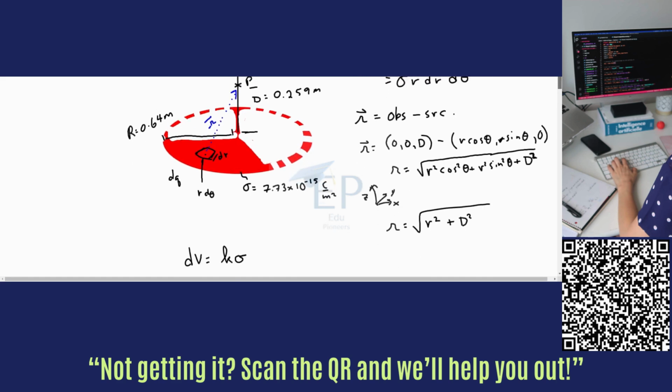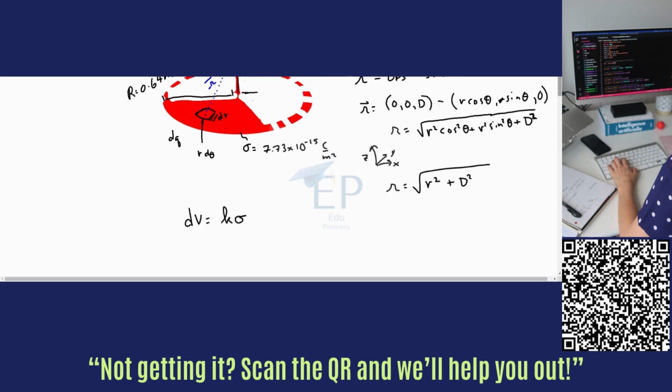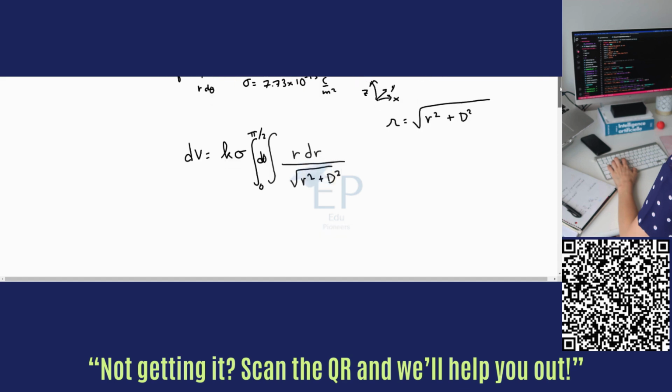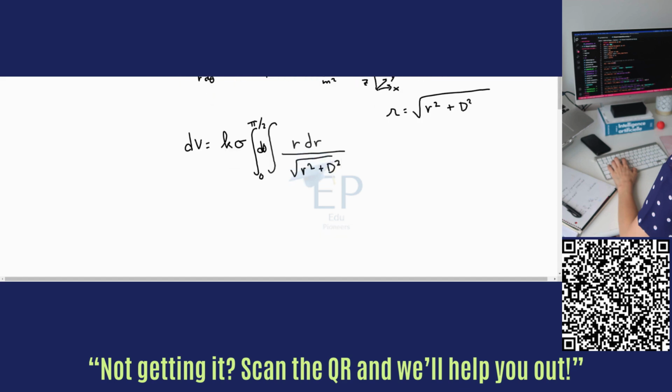And then we have the integral of r dr. I'll put d theta separate, going from 0 to pi over 2. And then we have curly r down in the denominator. Okay, so that's not going to be too hard to integrate.